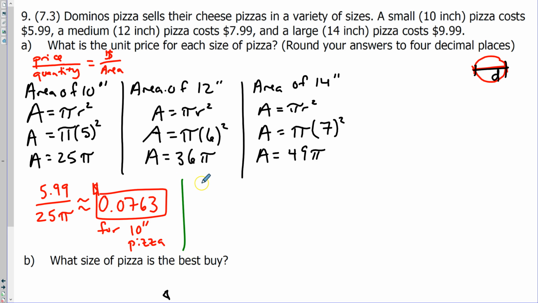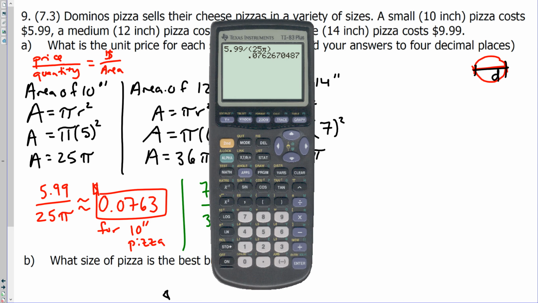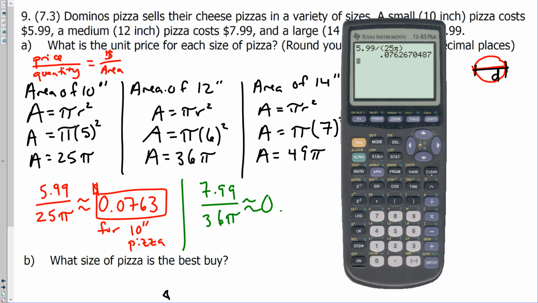So the price was $7.99 divided by the area of my pizza, 36 pi. Same sort of deal, we'll very carefully type this into our calculator: $7.99 divided by parentheses, 36 pi.